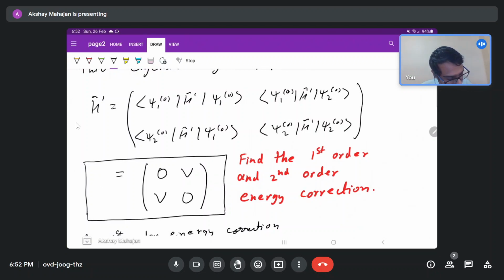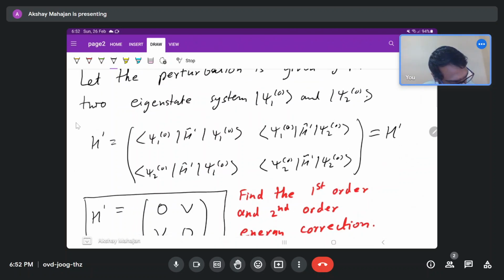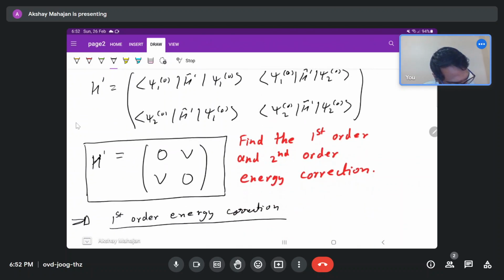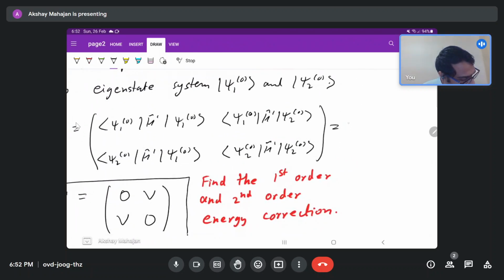Since this is a matrix, it's better to write it without the hat. So we have an H prime matrix, which you can write in the form H11, H12, H21 and H22.